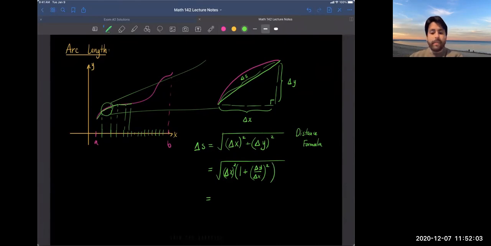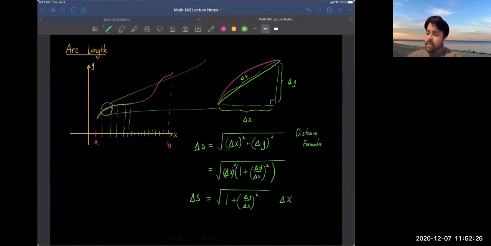And this is what I get. So if I take the square root of the change in x squared, I get the square root of 1 plus the change in y over the change in x squared, multiplied by the change in x. This is the change in y. This is the change in s.